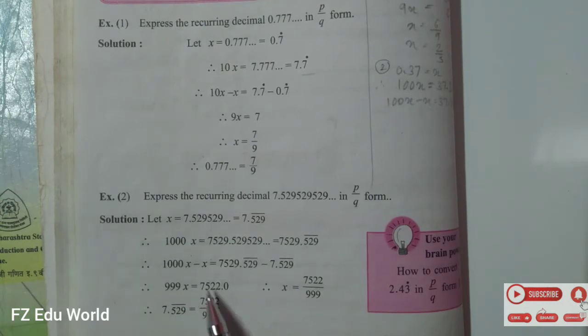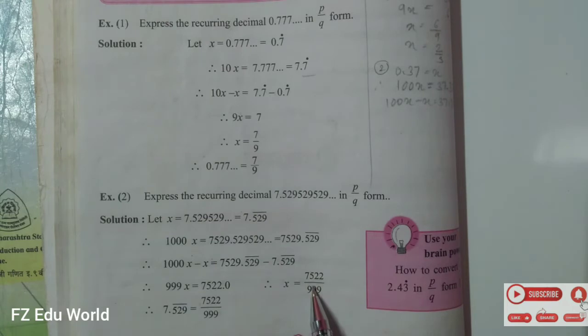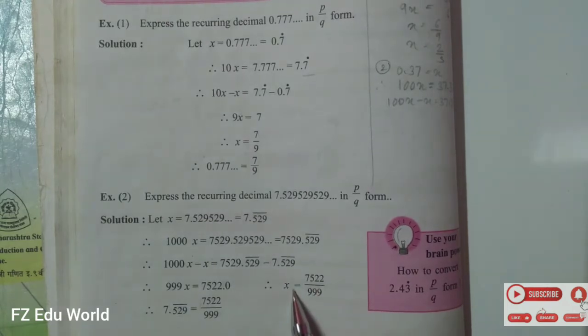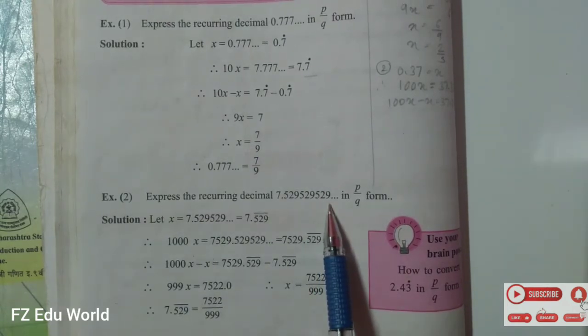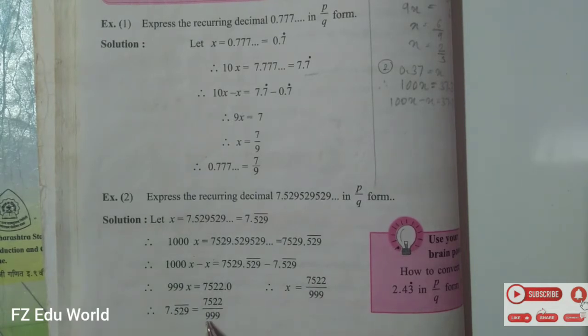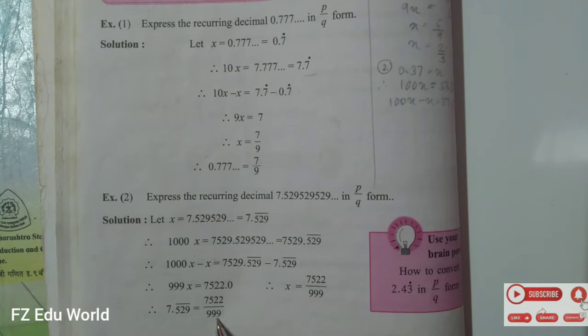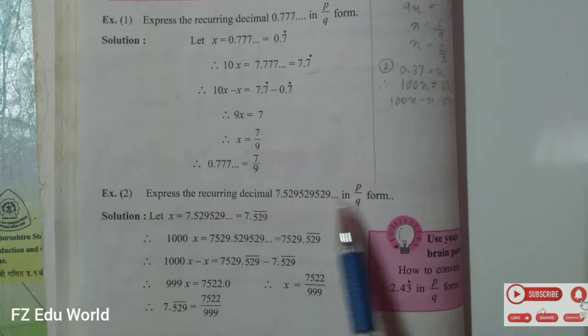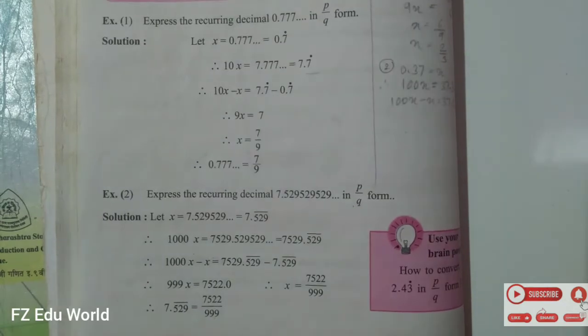Now x is equal to 7522 upon 999, but our x was 7.529 recurring. So 7.529 recurring is equal to 7522 upon 999. In this way we expressed this decimal in P upon Q form.